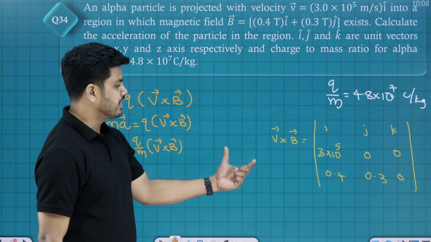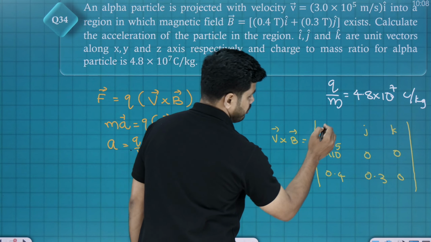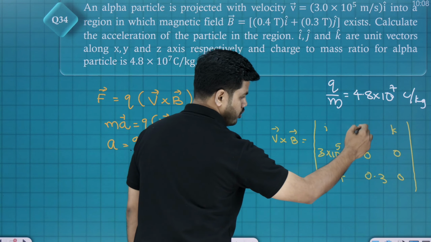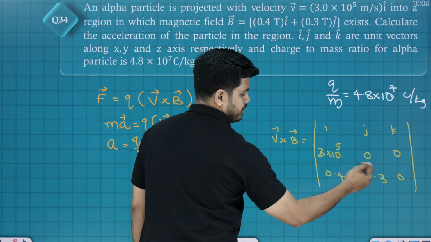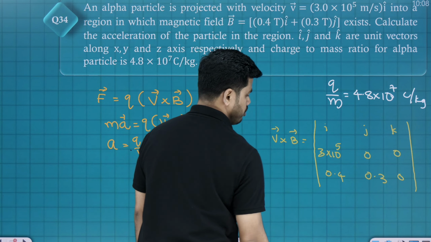Velocity vector cross the magnetic field vector. Now look at this, only one component will remain. If you go for î, these two will be 0. If you go for ĵ, then again this will be 0, and only the k̂ component remains here. Look at this, 3 into 0.3.